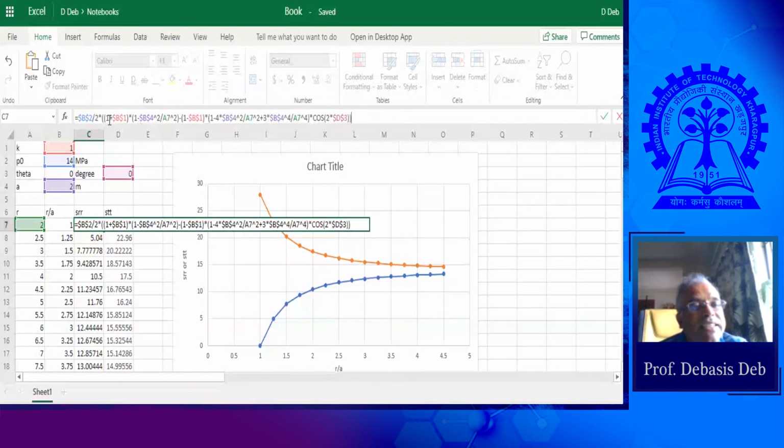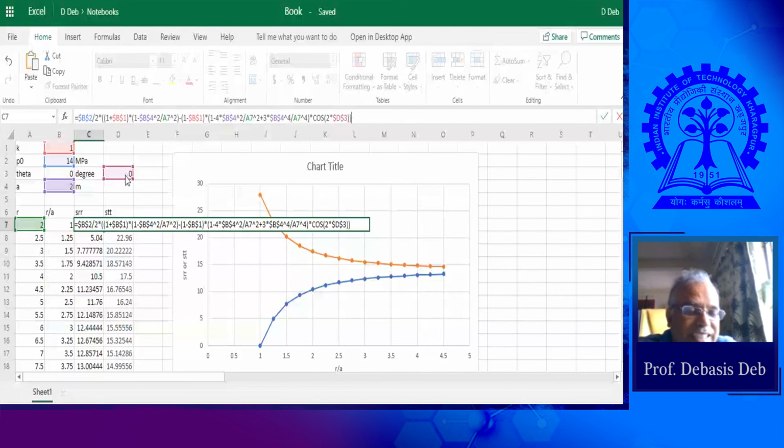The rest of the equation is 1 plus B1, that is K, this value, which is 1. And that equation has been written with theta also. When you use Excel or any computer program, theta has to be written in radians because that is what the compiler understands. It does not understand degrees.